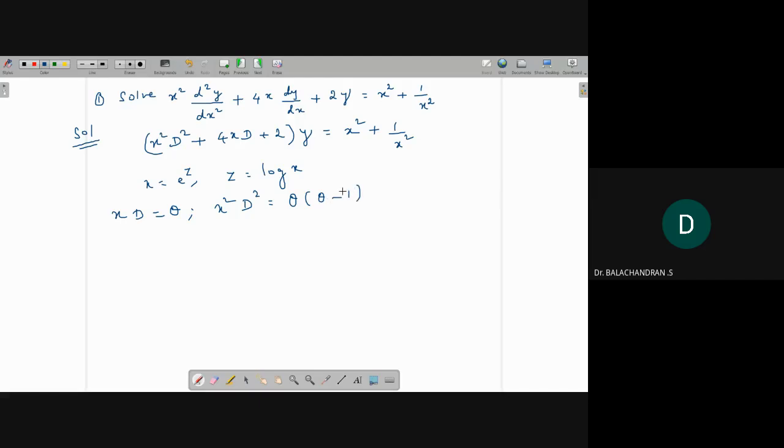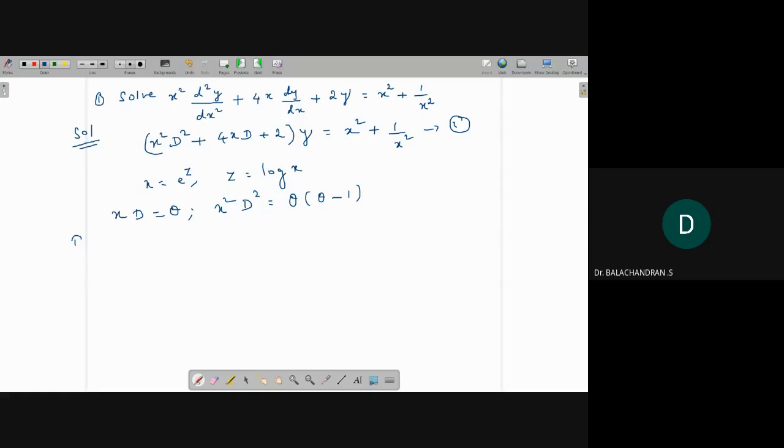So there is no need to derive these results here. Now substitute the x square D square value and xD value in this equation. I call this equation 1.